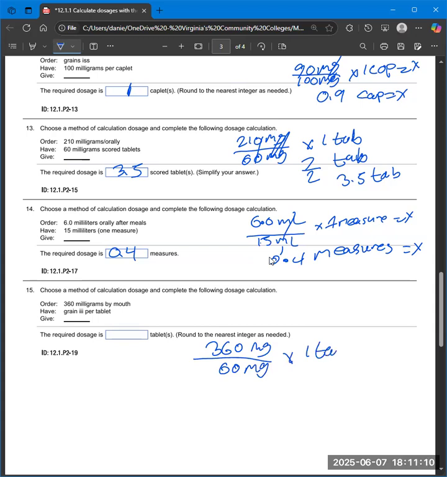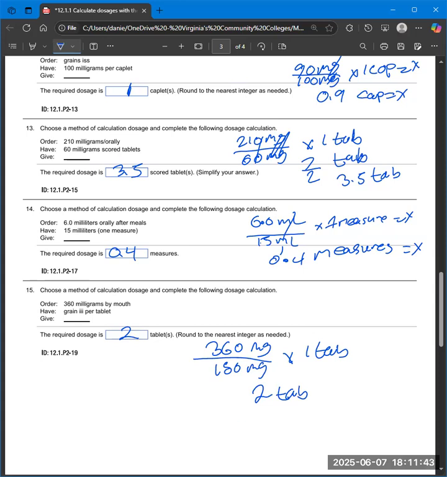It's 1 tablet. That's going to be 6 tabs. Oh, it says each tablet is 3 grains. So 3 times 60, that's 180 milligrams per tablet. So that's 2 tablets. All right. That's it for this video.